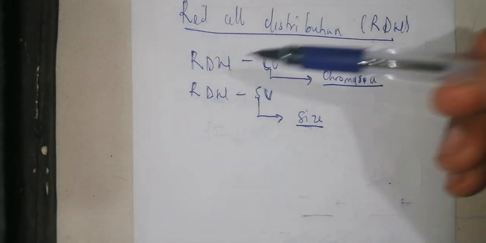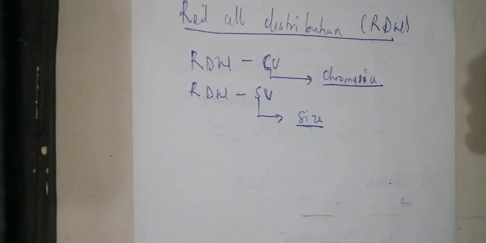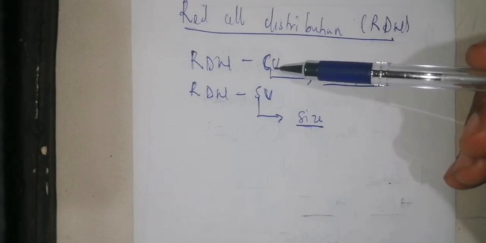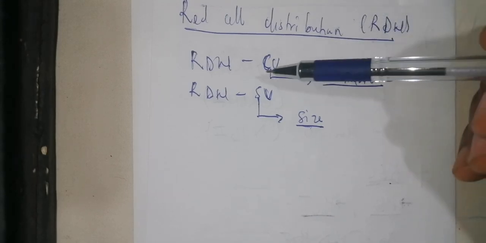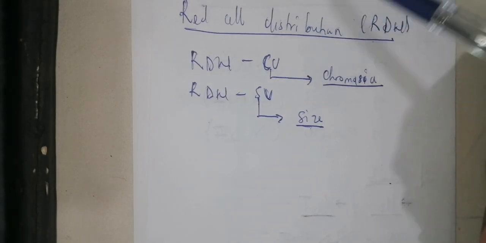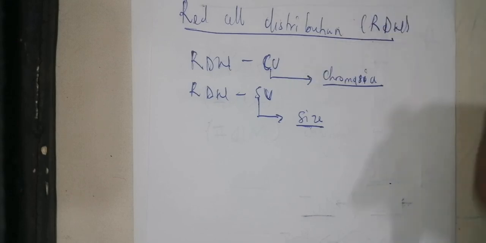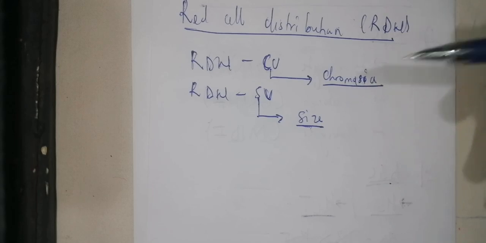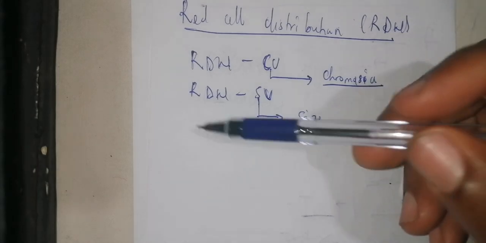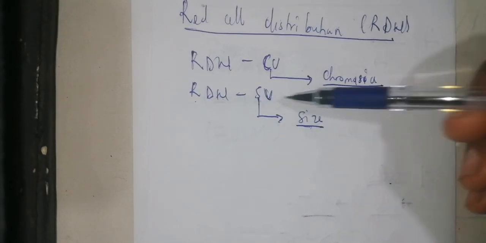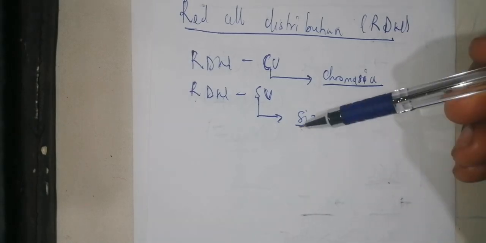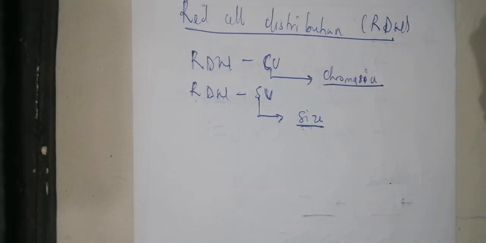When you have a high RDW-CV, it means that there's a different colorization of the red blood cell, the chromasia. And when we have the RDW-SD being very large, it means that there's a difference in size of the red blood cell.